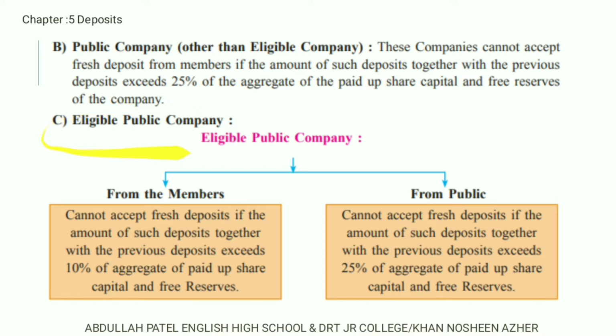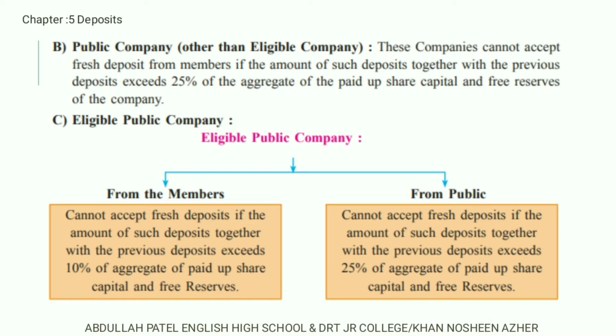Now the type: the eligible public company. An eligible public company means a company that is eligible under the conditions I have just discussed, with the net worth or with the turnover. Out of the two conditions, a public company has to fulfill one to get eligibility. Being an eligible public company, you have two options: you can accept deposits from the members as well as from the public.